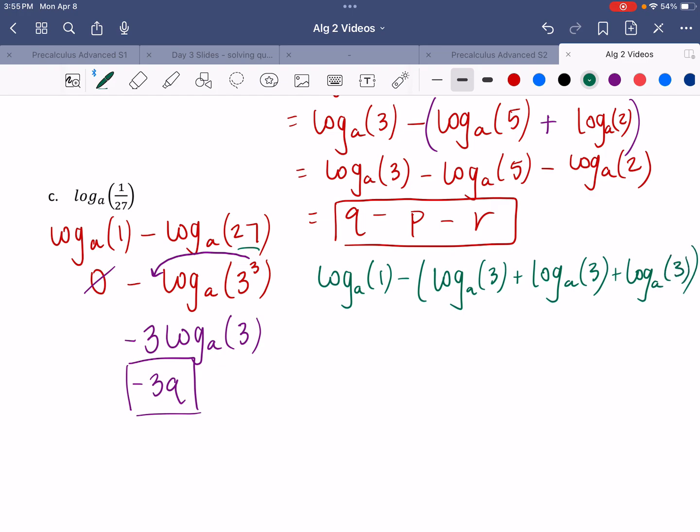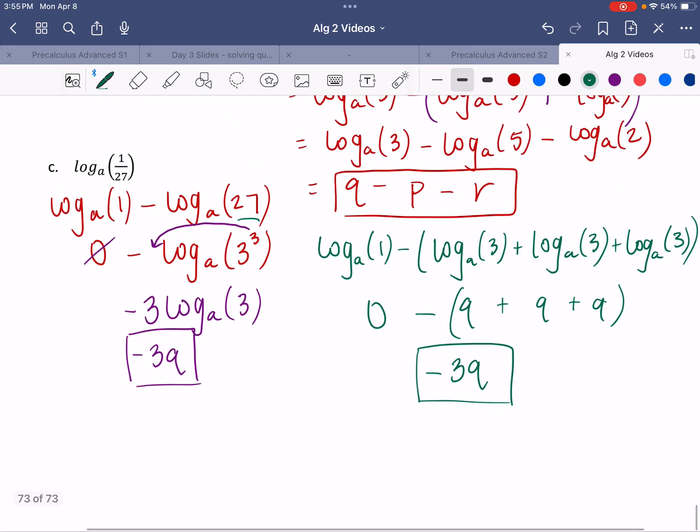And those are all Q plus Q plus Q. And we were subtracting all of them. And log base A of 1 is still 0. So this is still going to be negative 3Q.